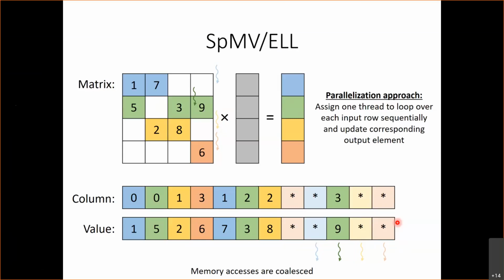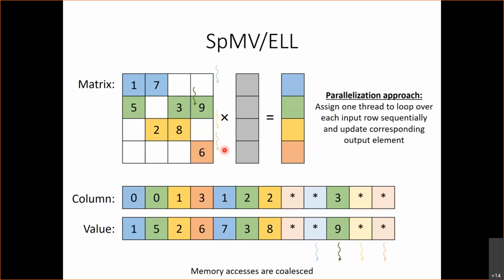But that's the same thing with CSR, right? We haven't really changed the amount of work that each thread is doing when we go from ELL to CSR. It's true that the non-zeros are going to be to the left and the padding is going to be to the right.